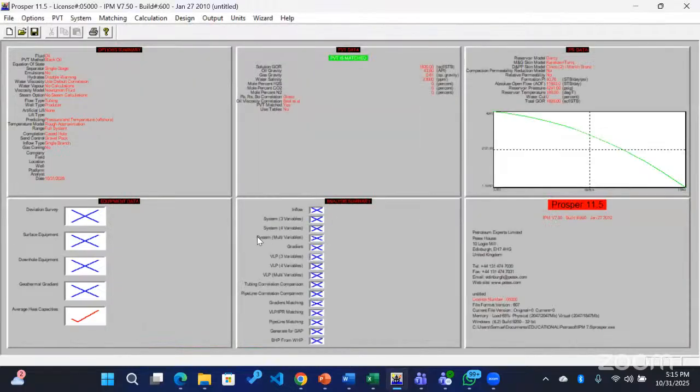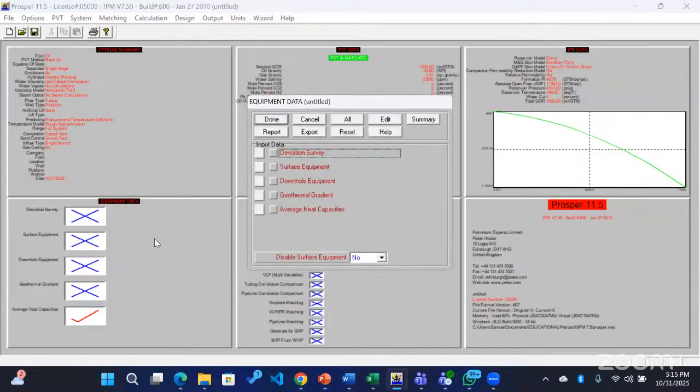So the next thing we want to input is our equipment data. So this has to do with these two important concepts in petroleum production, IPR and VLP. IPR, like I said earlier, is deliverability of fluid into the wellbore.